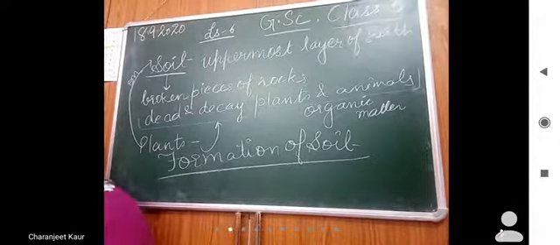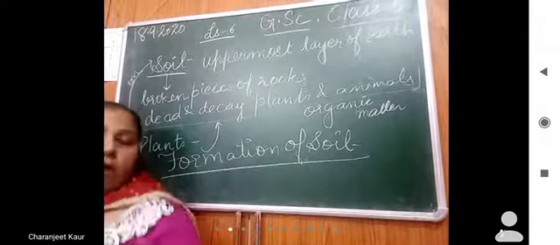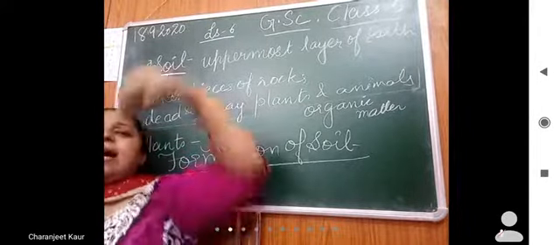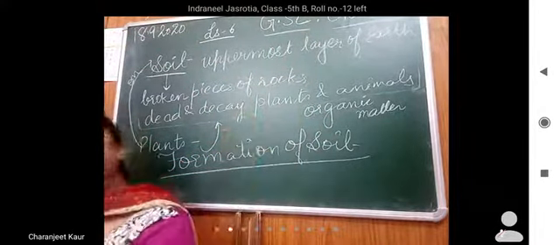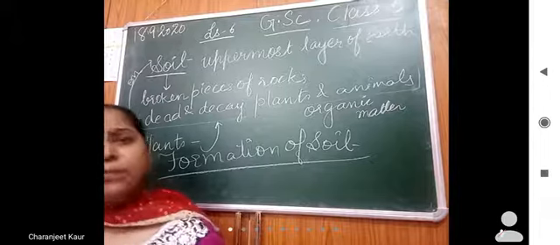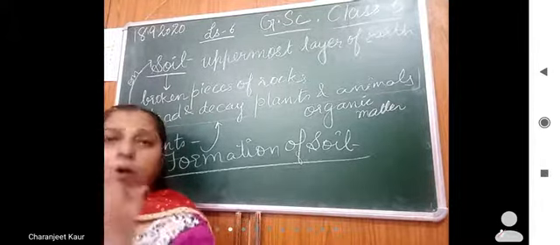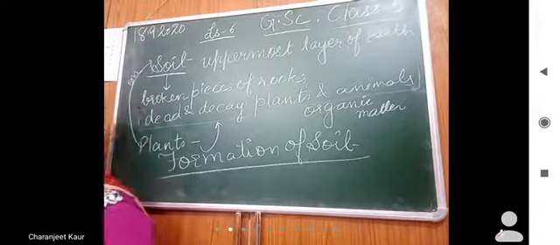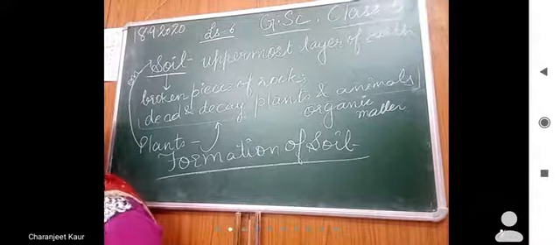Earlier there were so big rocks. Now also you can see large number of rocks, big rocks. They break down. How do they break down? These rocks, they broke due to the effect of air, water and heat of sun on them, right?